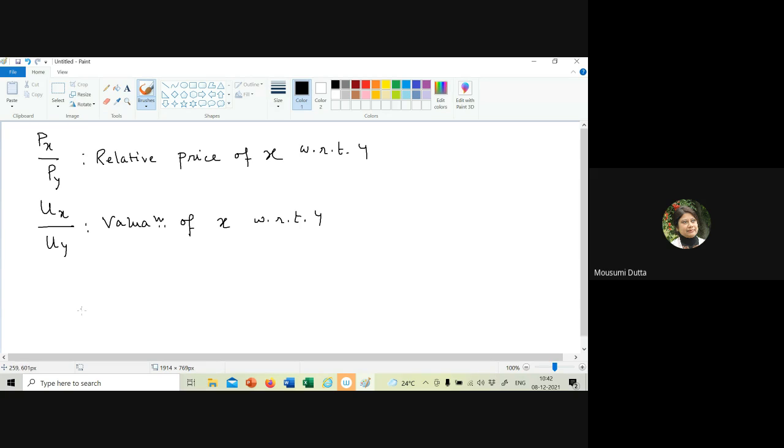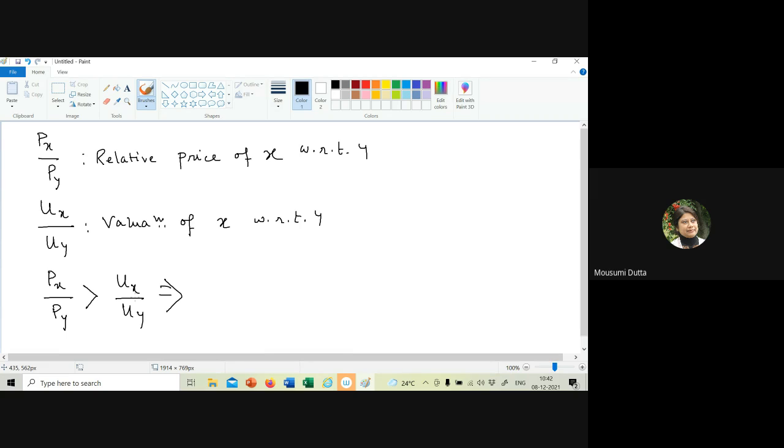Now, as long as px by py is greater than ux by uy, this indicates the consumer is paying more than the value he or she is getting out of one additional unit of consumption of x with respect to y. I'm repeating.